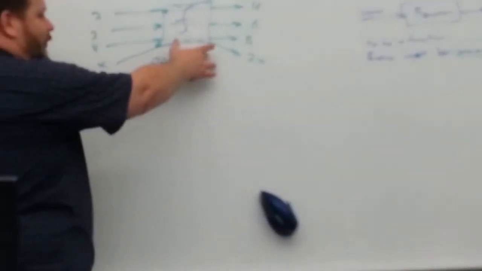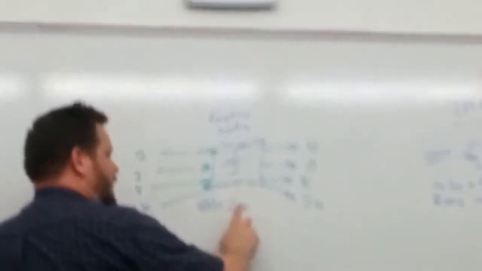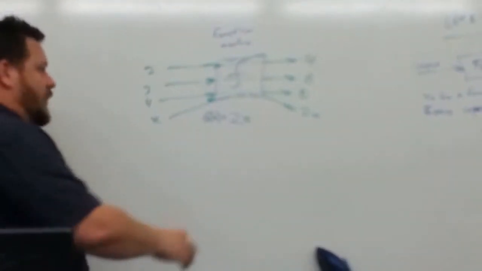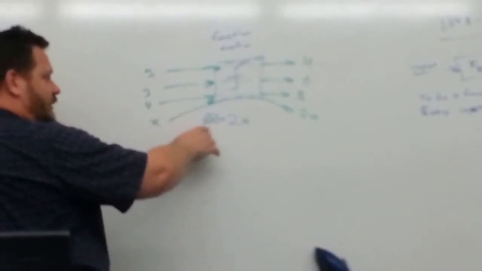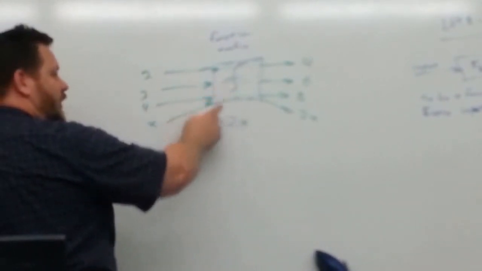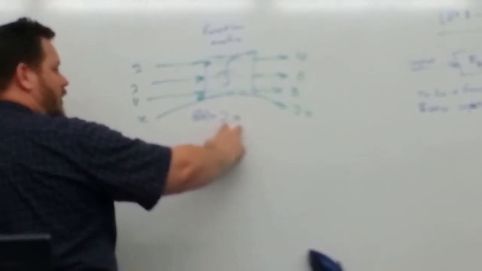In this particular example, what was happening inside is that it took whatever you plugged in and multiplied it by 2, and then gave you the corresponding output. So the way I would write the description of this function is that the name of the function is f, and f of x is 2 times x.